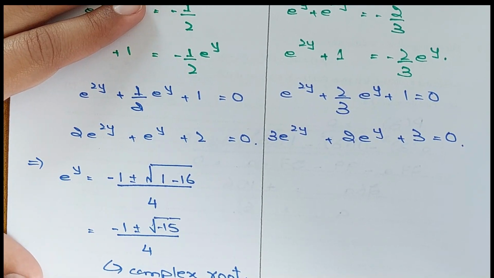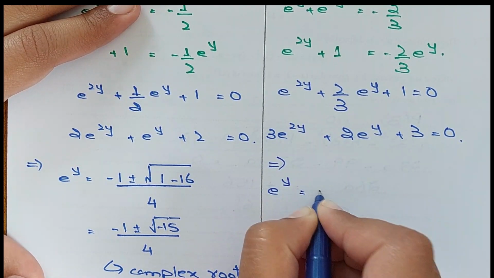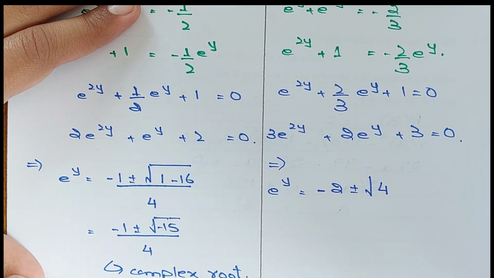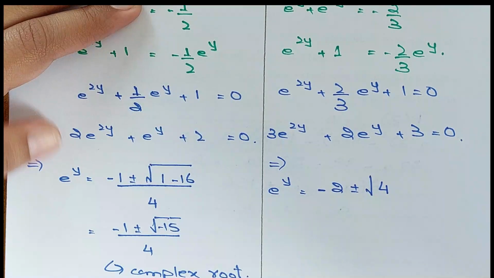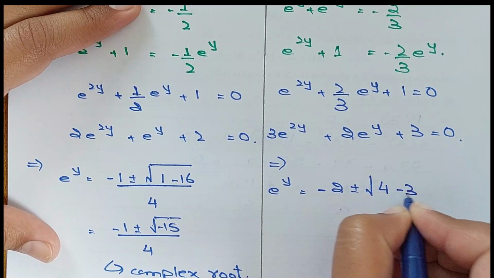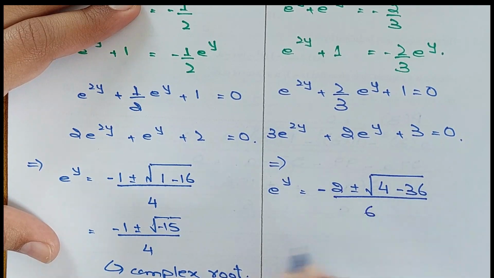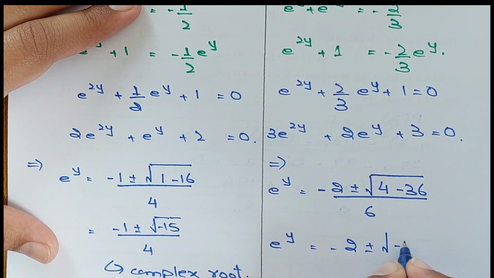Now applying the quadratic formula and solving for y. So e power y is equals to minus b plus minus square root b square, which is 4 minus 4ac. So minus 4 times 3 times 3, which is minus 36. Dividing by 2 times of a, 2 times 3 is 6. Now e power y is minus 2 plus minus square root. From 36 take away 4 is minus 32 divided by 6.